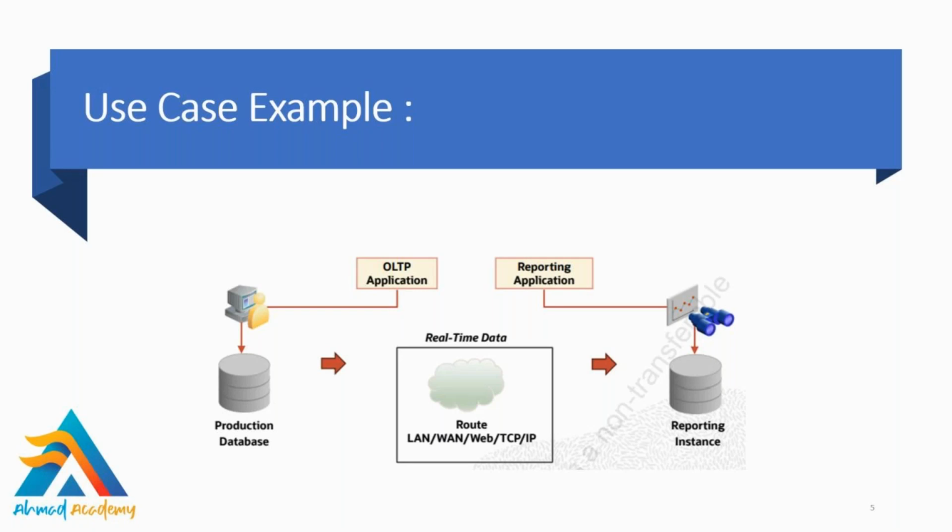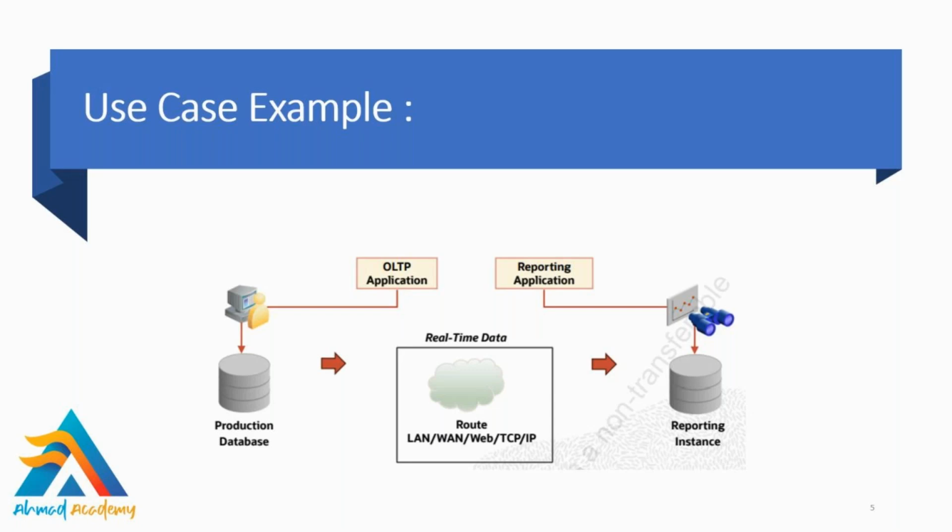So Oracle Golden Gate enables real-time reporting from a lower cost system by keeping the reporting database in sync with the OLTP database. Oracle Golden Gate can move just the data that is needed for reporting, and the heterogeneity enables the use of a lower cost system.